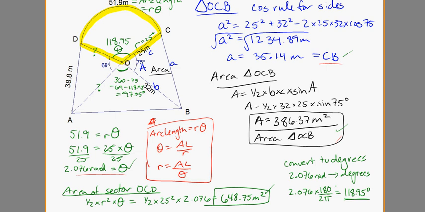So if you know that this radius over here was 25, that means this one also is 25. So just by looking at that diagram and paying attention to the fact that we have a sector, both sides of it should be equal to each other because they're the radius of a circle. So 25 meters, that means this side over here is 25 meters.